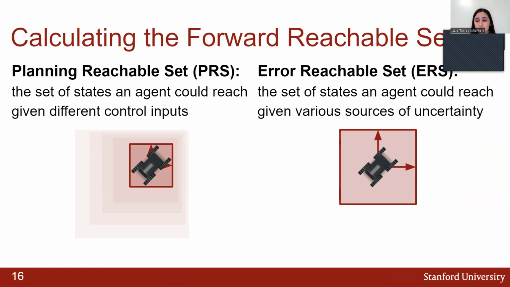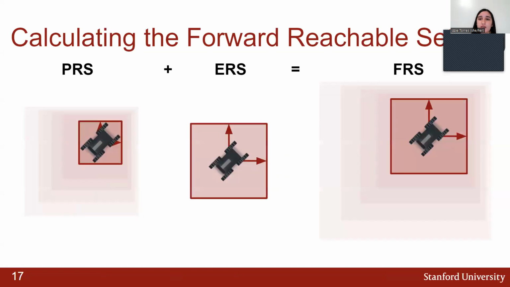For example, if you know in the beginning that you have a certain localization error, you can incorporate that into the reachable set of states. Now, because of some of the math behind zonotopes, there's this thing called the Minkowski sum. So you can directly add the planning reachable set and the error reachable set in order to get the forward reachable set.